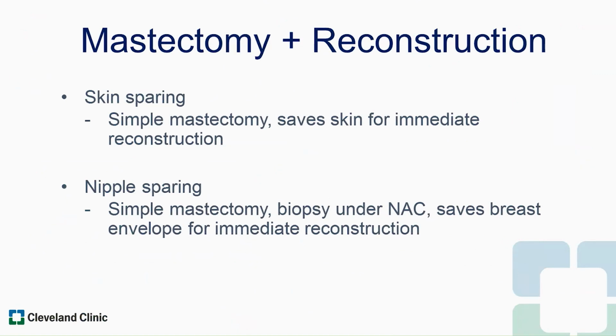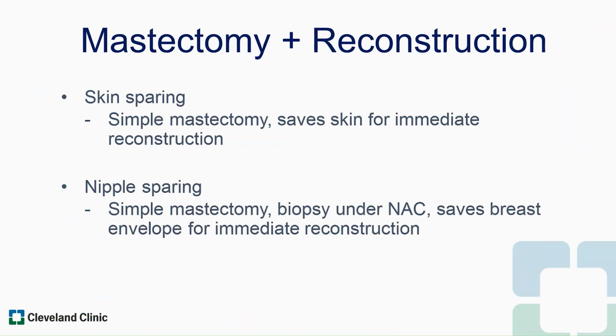So a skin-sparing mastectomy is a simple mastectomy that saves the breast skin for immediate reconstruction. A nipple-sparing mastectomy, again, is a simple mastectomy where you're going to biopsy under the nipple.